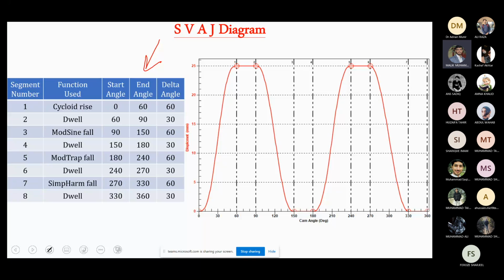Yes, normally these cycloid rise, mod sine fall, we will have mathematical functions of that. When we design a cam, we select a mathematical function based on these functions used.